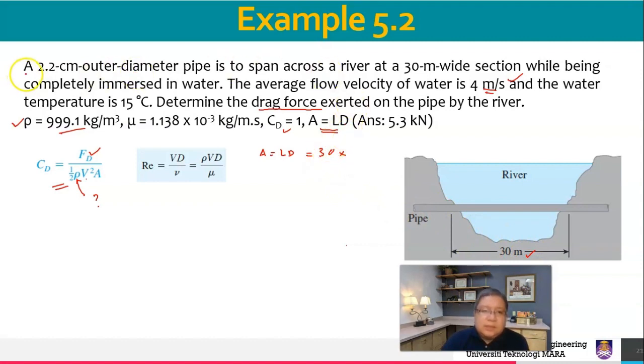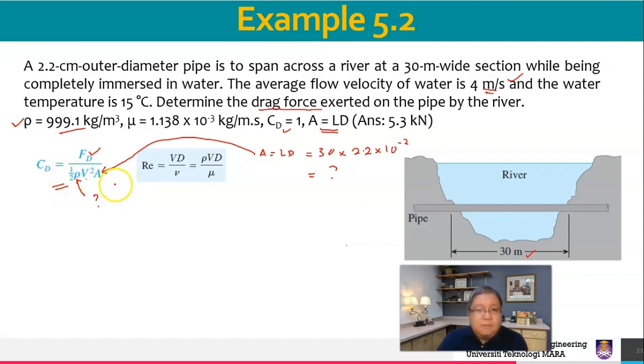The diameter is 2.2 cm, so you have to convert it to meters, and you will get the value of A. Plug the values in, and CD is equal to 1, so FD is the same as this one, and you will get the answer after that.